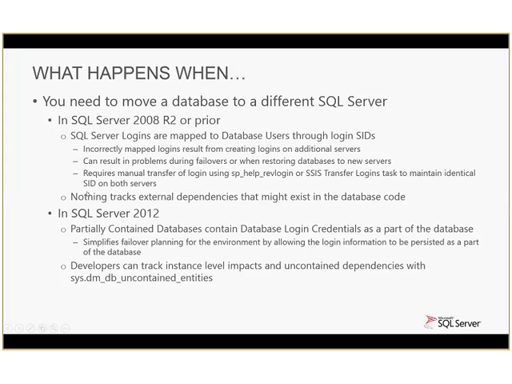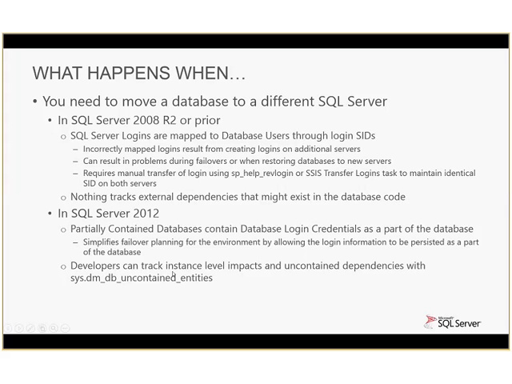Also, it doesn't track external dependencies that might exist in your database code. So if you have stored procedures or functions or triggers that depend on external objects, like CLR, the SQL Server Common Language Runtime, or other databases external to that database, there is no tracking of those.